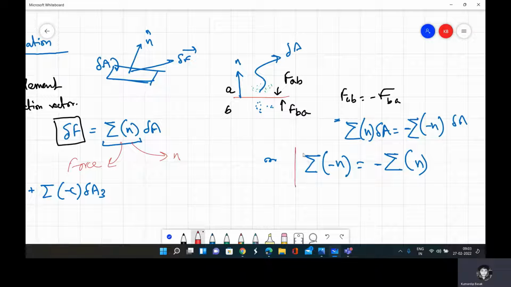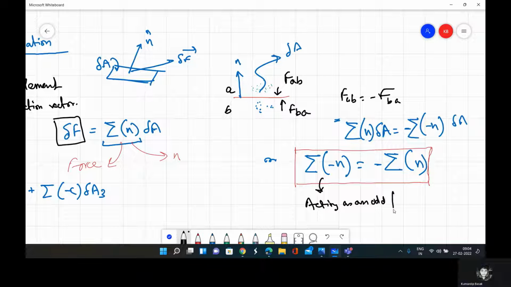This is a nice simplification for the stress tensor quantity. What we can explain from it is that sigma of n, or the sigma function, is acting as an odd function. Clear this point?